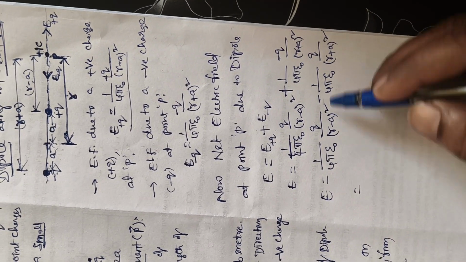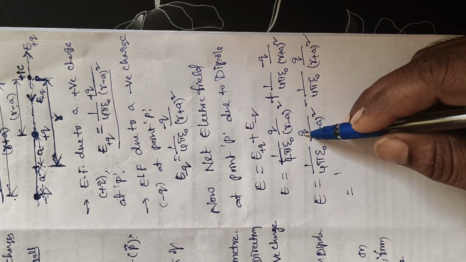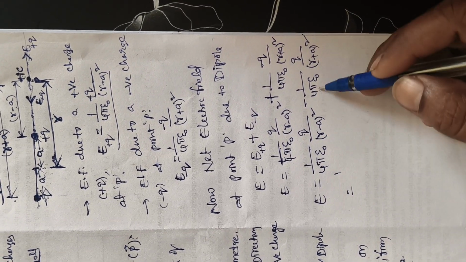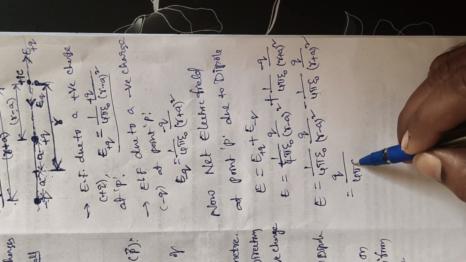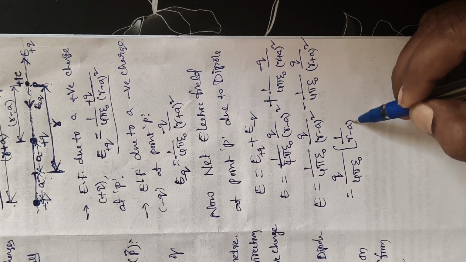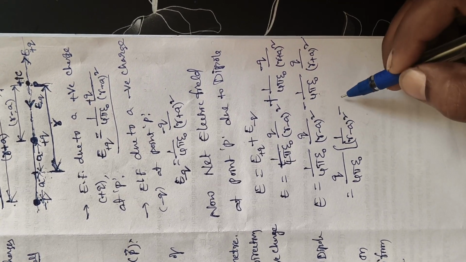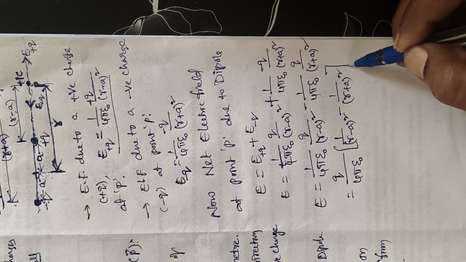So now here take common for constant terms. Here Q is same and 4 pi epsilon naught same. That's why Q divided by 4 pi epsilon naught take common. Remaining is 1 by (R minus A) whole square minus 1 by (R plus A) whole square.